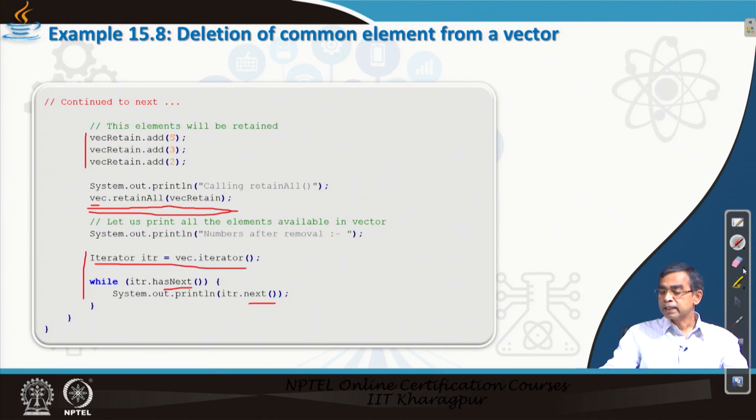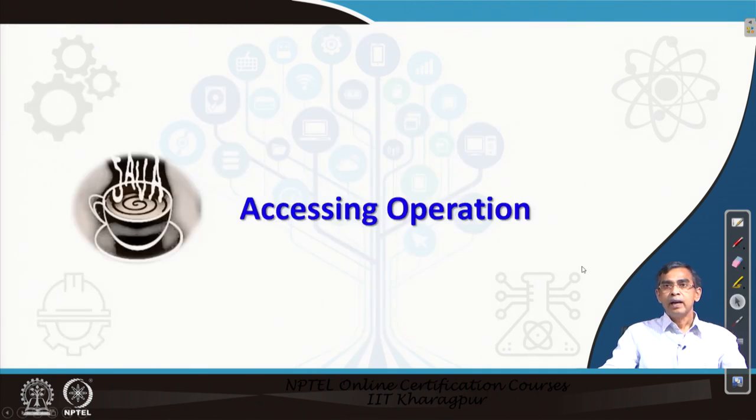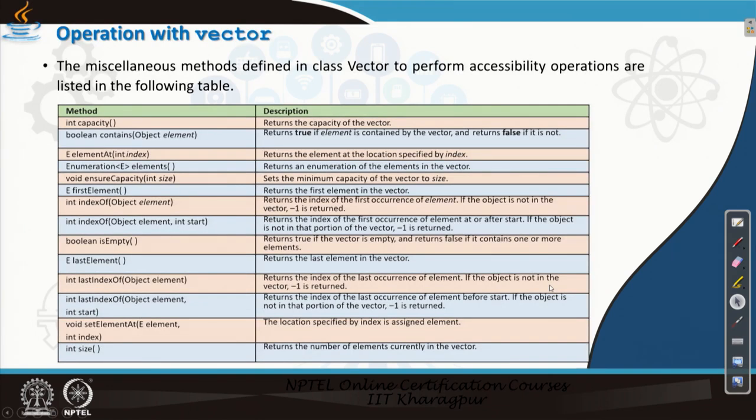So, this basically shows the removal operations from the vector, and there are a few more operations, called accessing elements from a vector. There are a couple of methods there. I have listed very commonly used methods, those defined for the class vector.